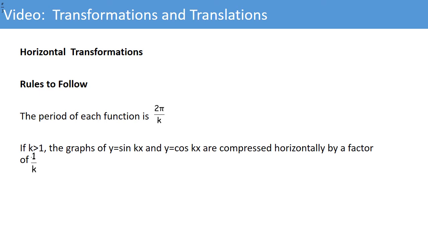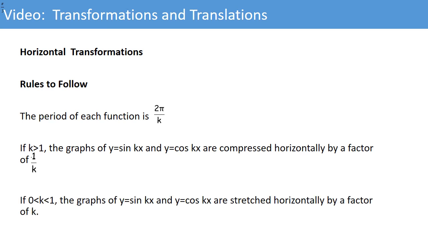But if 0 is less than k, which is less than 1, the graphs of y equals sine kx and y equals cos kx are stretched horizontally by a factor of 1 over k.